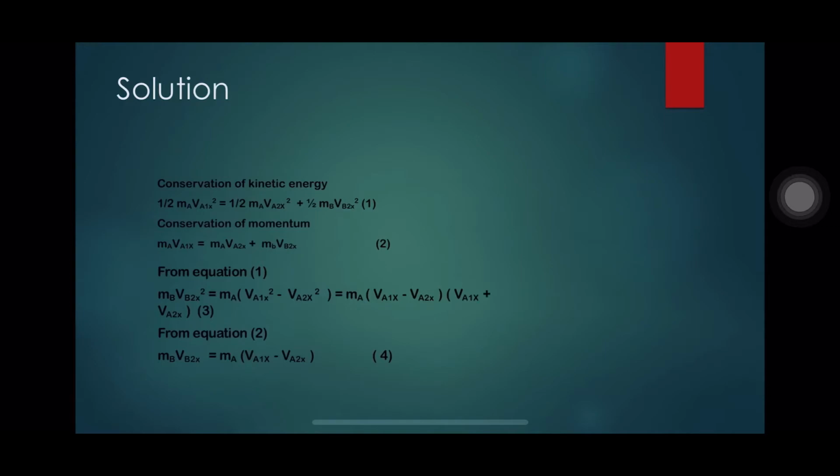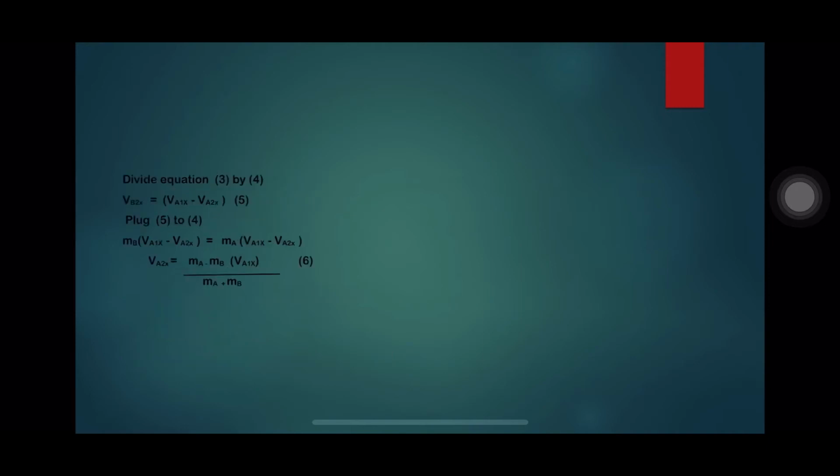And from equation 2, also after a quick multiplication, we get mb multiplied by vb2x equal to ma factor va1x minus va2x. As we get equations 3 and 4, we divide equation 3 by equation 4, and then we get equation 5, which is vb2x equal to va1x plus va2x. As we get equation 5, we plug it into equation 4.